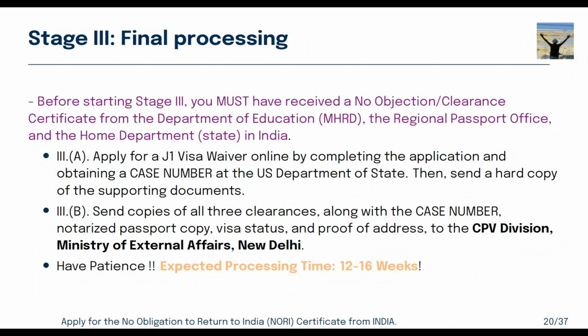First you have to apply for the J1 visa waiver online on the US Department of State website, and then send a hard copy of the supporting documents to them. You also have to take one page from the document generated by the US Department of State, we call it DS3035, and send that copy to your CPB division, Ministry of External Affairs, New Delhi, right?